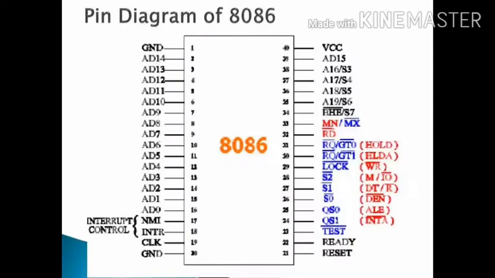Next pin at pin number 26 would be the data enable pin. So whenever there is any data transfer in the 8086 microprocessor, either a read or write operation is being performed, then 8086 will give data enable logic equal to 0, and this is used to enable the bidirectional buffering during the DMA operation, direct memory access operation.